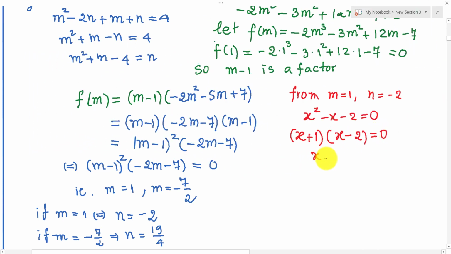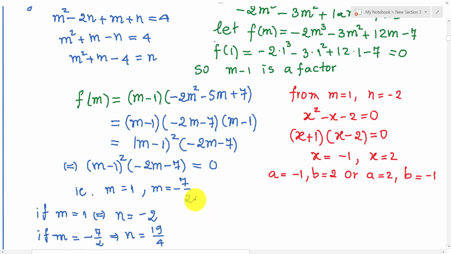And we get h equals minus 1 and h equal 2. So this h equal minus 1 and h equal 2, we get a equal minus 1 and b equal 2, or a equal 2 and b equals minus 1.